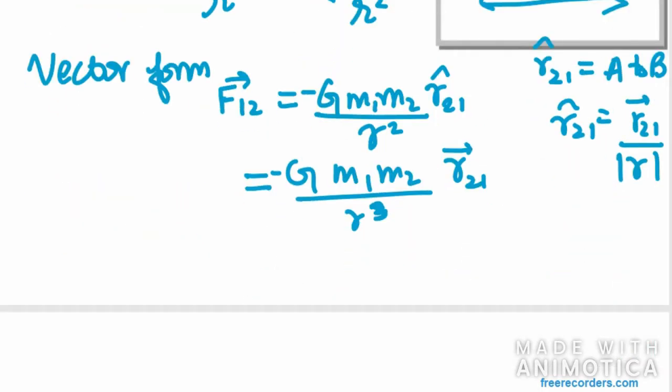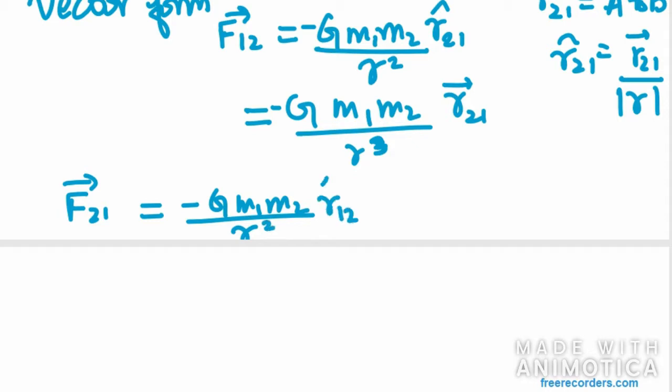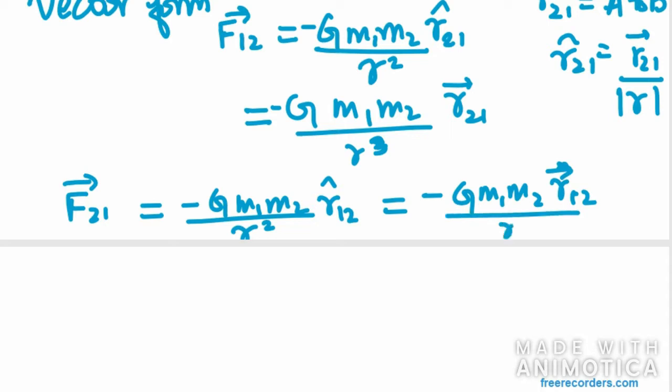Now I will write F21. F21 can be written as minus G m1 m2 over r square times r12 cap, and r12 cap can again be replaced by the r12 vector over r, so G m1 m2 times the r12 vector, and in the denominator we have r cube.